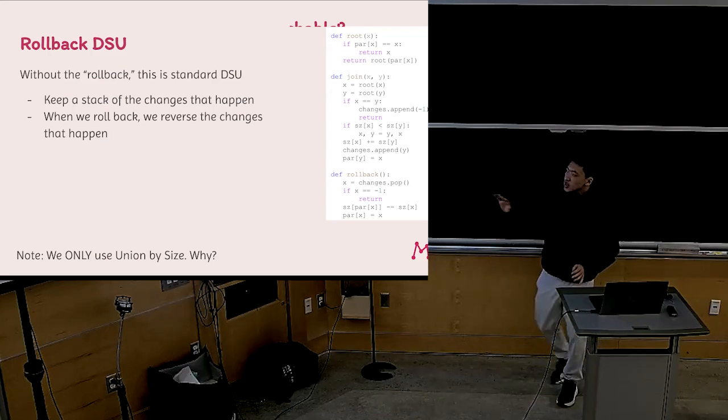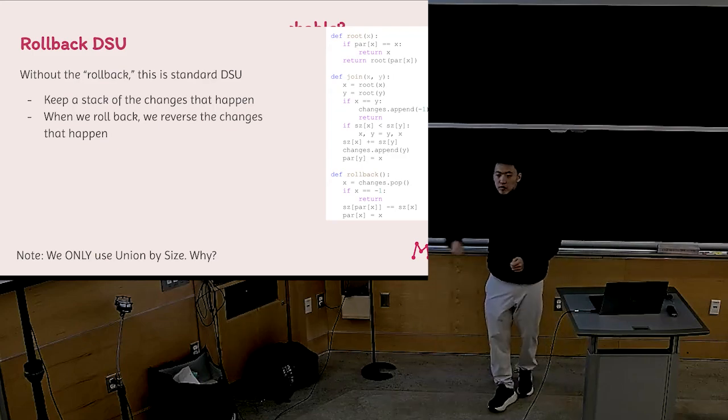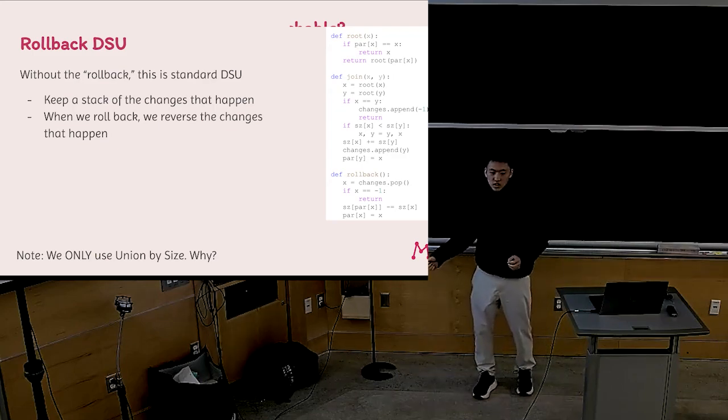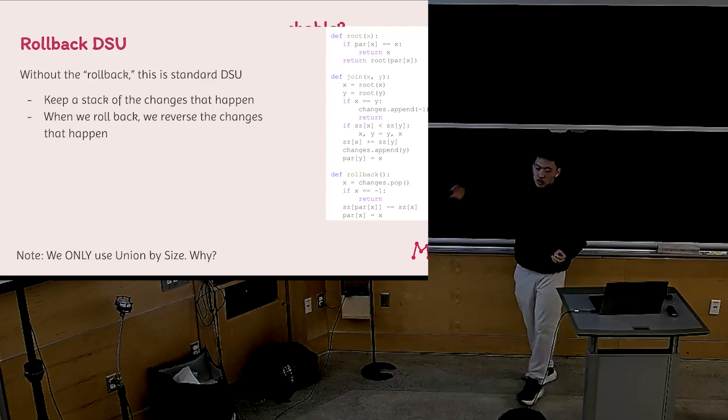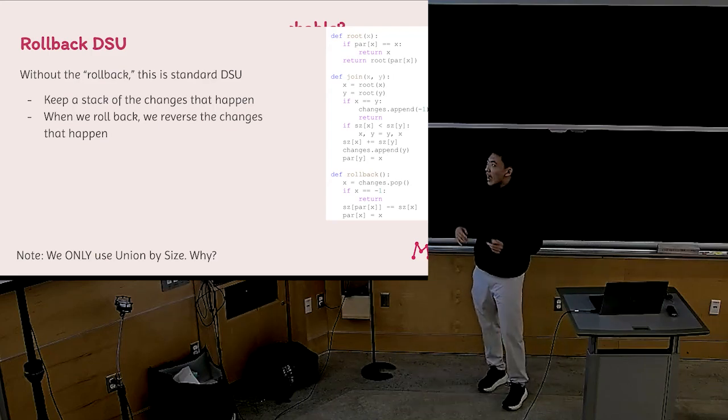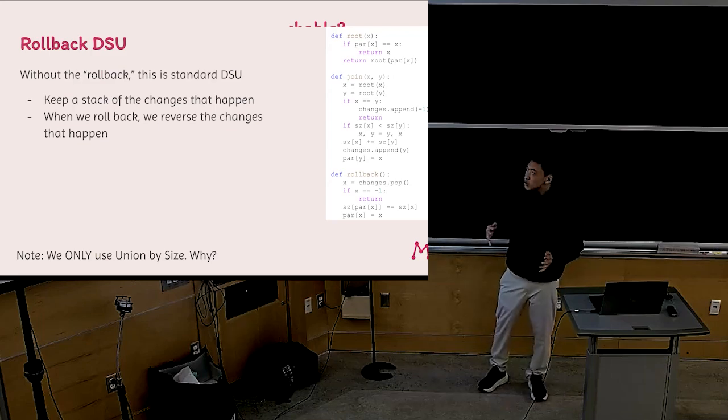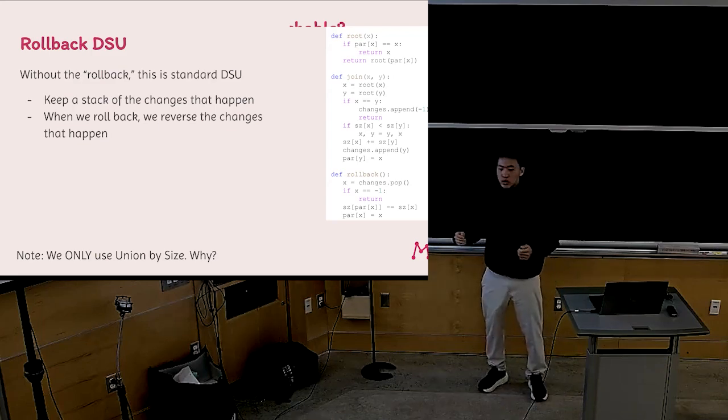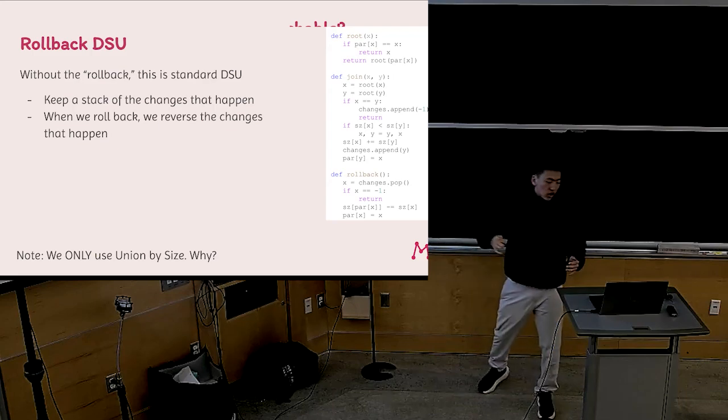We're keeping track of the changes that we make to the array, right? So what happens during path compression? We keep changing the array, so that adds a lot of new changes that we need to also roll back when we roll back our changes from a join.